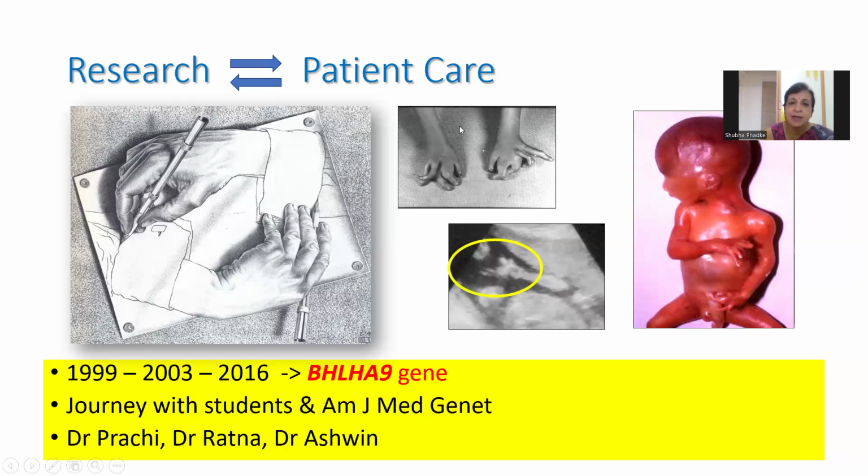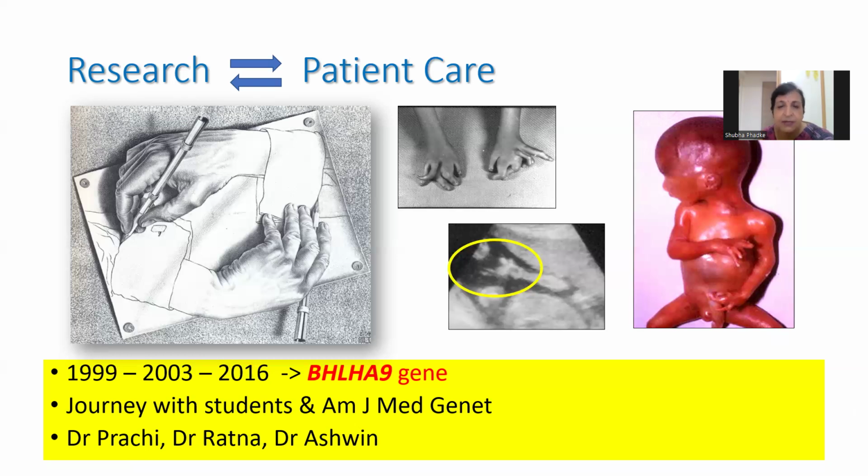We had seen this girl, and then the recurrence in the fetus, and naturally once we did exome sequencing, we could identify that this extremely rare birth defect, not reported in anybody else other than this particular family, was due to pathogenic sequence variations in the BHLHA9 gene.